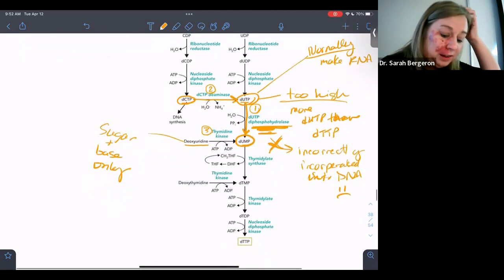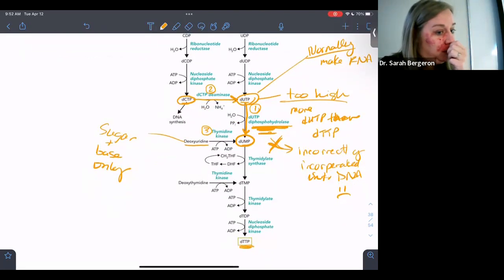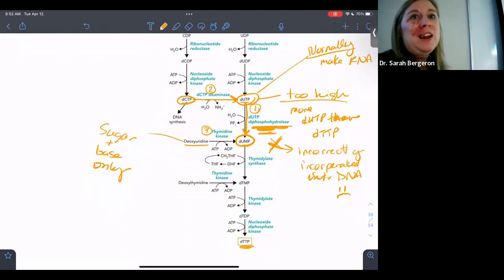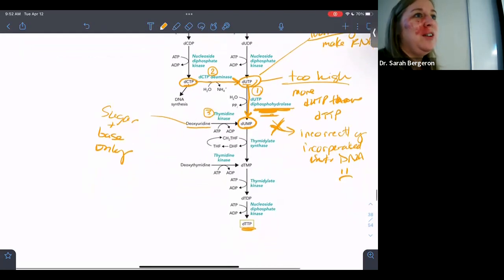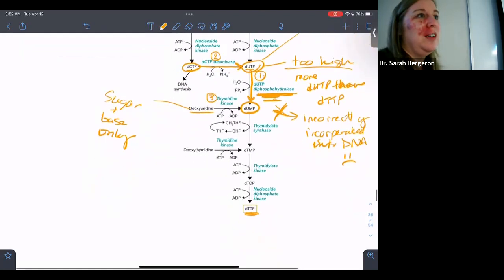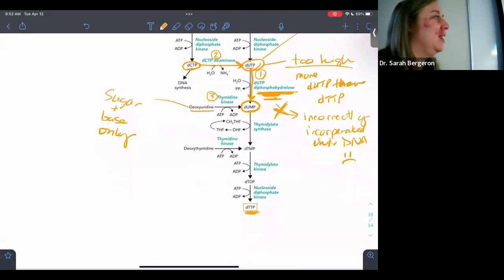Now you're basically telling it that it has to go and make dTTP. You're destining it to be made for DNA, which can then be properly incorporated. Does that make sense? It's kind of complicated. You kind of have to sit down with this and explain it out loud with a dry erase board and some friends with an open book to help correct you as you go, right?